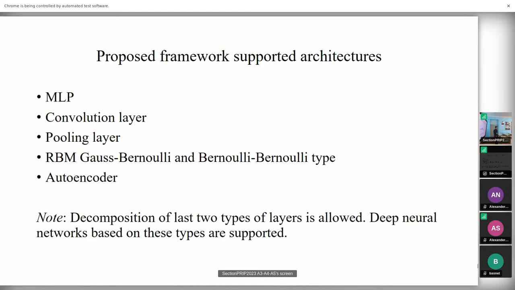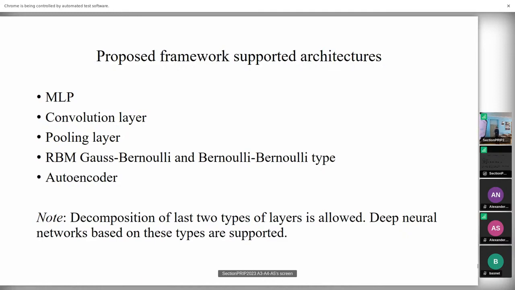It means that when we construct huge, deep neural networks, we have a very big amount of tunable training parameters. So we can easily apply a decomposition of layers to reduce the amount of tunable parameters and avoid a dropout technology during the training for random search, which is very critical. And deep neural networks based on these types are also supported, which is important.